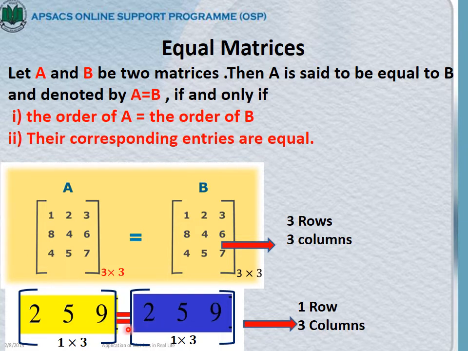These two matrices have the same order, 1 by 3, because 1 row and 3 columns, and the other's order is also 1 by 3. Now check the entries. You can see all the entries are the same, so these two matrices are also equal matrices.